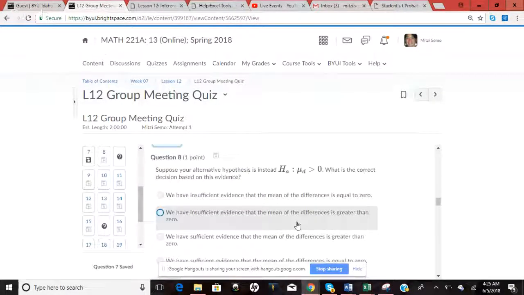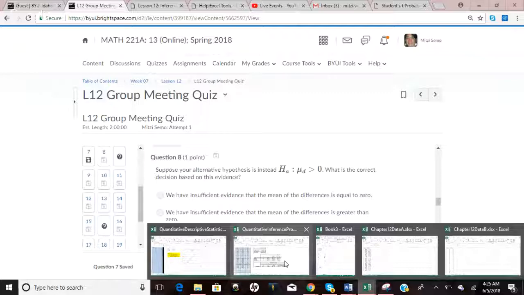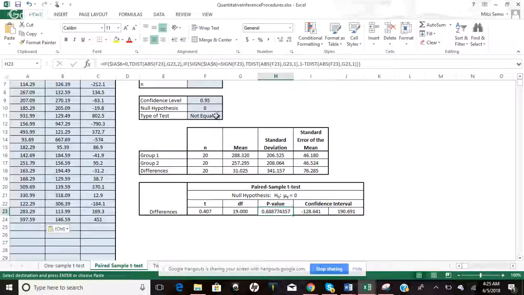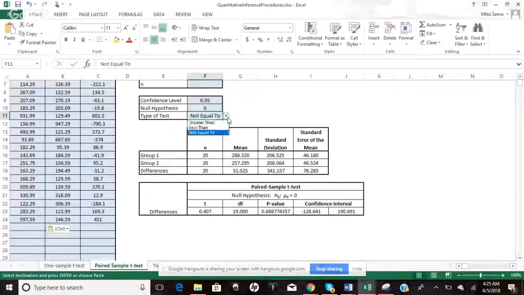Suppose your alternative hypothesis is the difference is greater than 0. So let's go back to inferences. We change that to greater than.